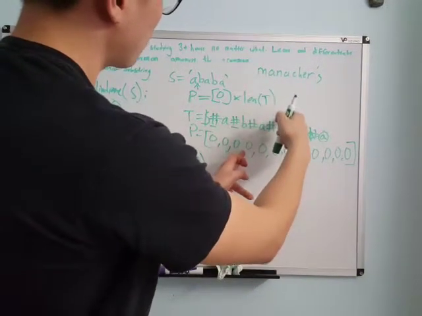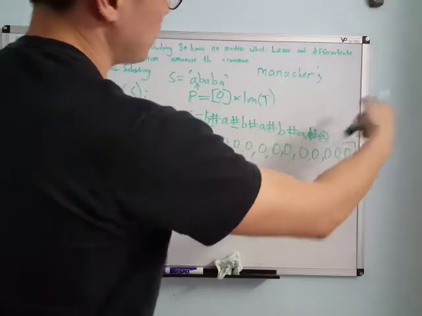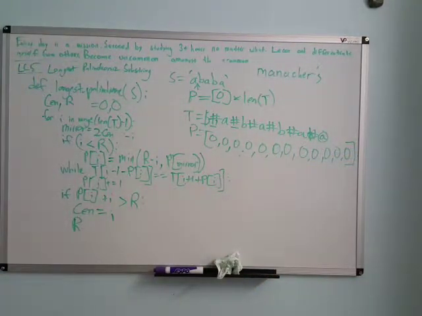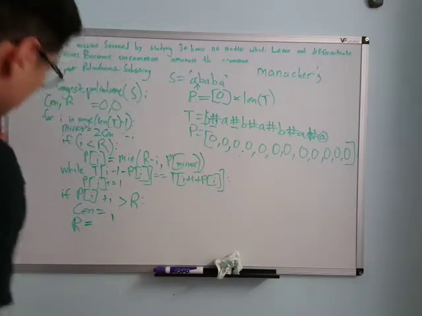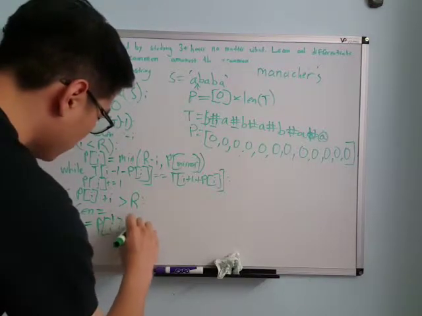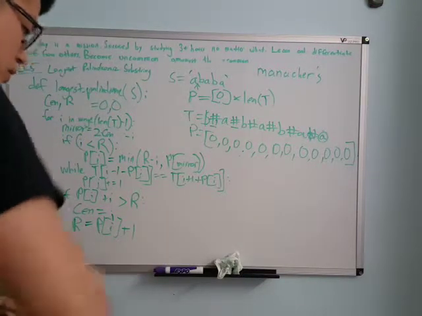So this would be our right border. And then we're going to just continue incrementing our right border based on where our center is. So R would be equal to P[i] plus I.